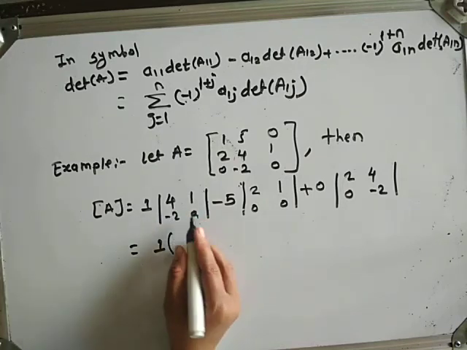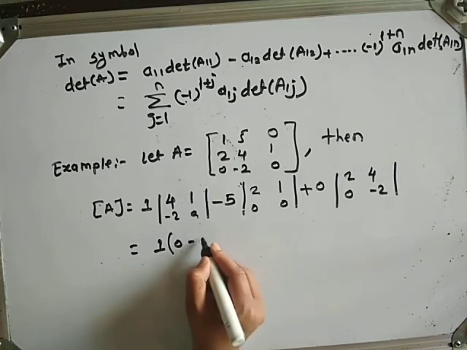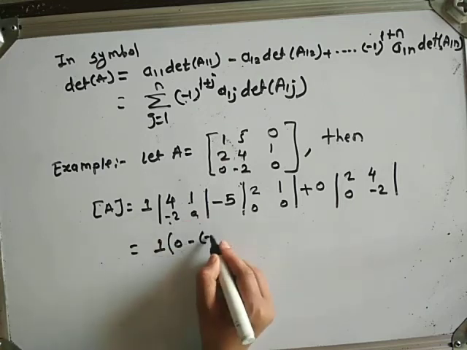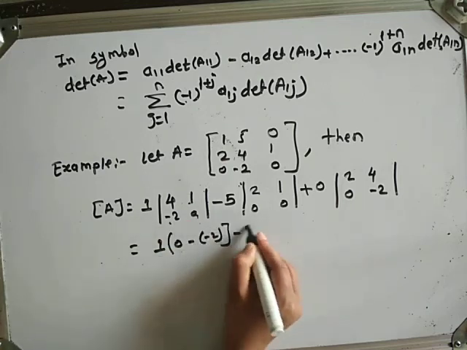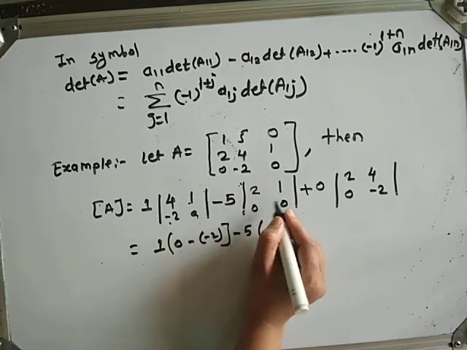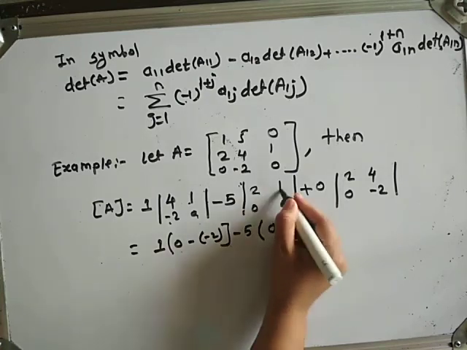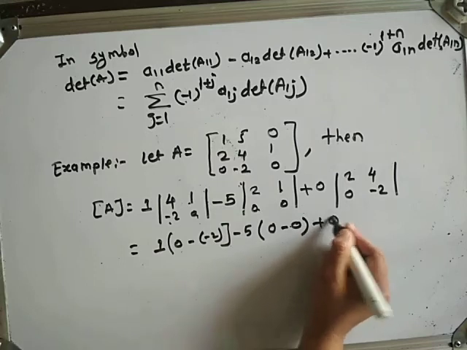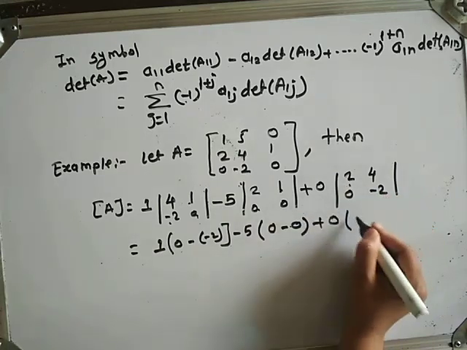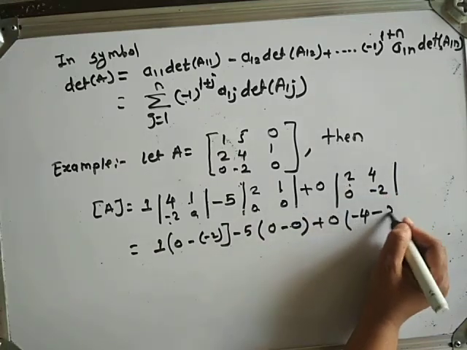Take the determinant of each: 1 into (4 into 0 minus 1 into minus 2), minus 5 into (2 into 0 minus 1 into 0), plus 0 into (minus 2 into 2 minus 4 into 0).